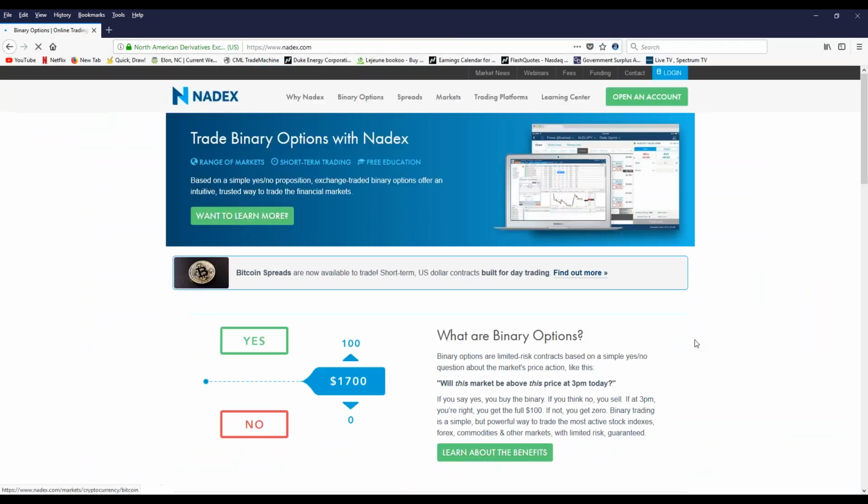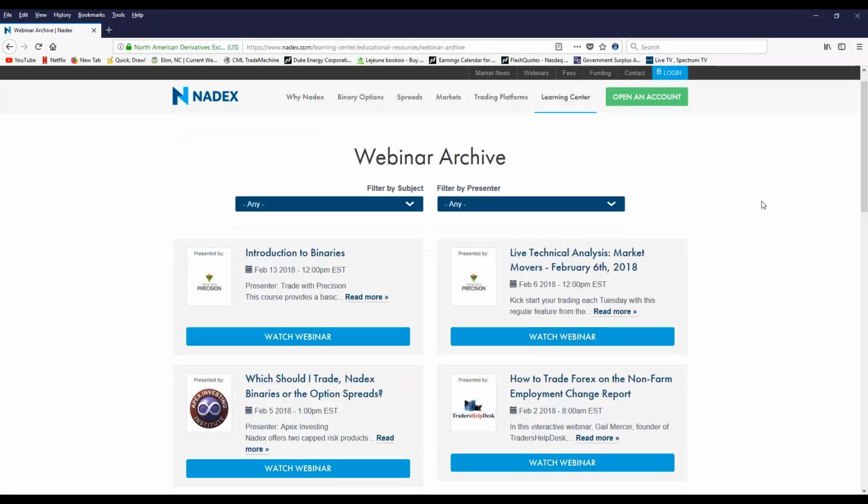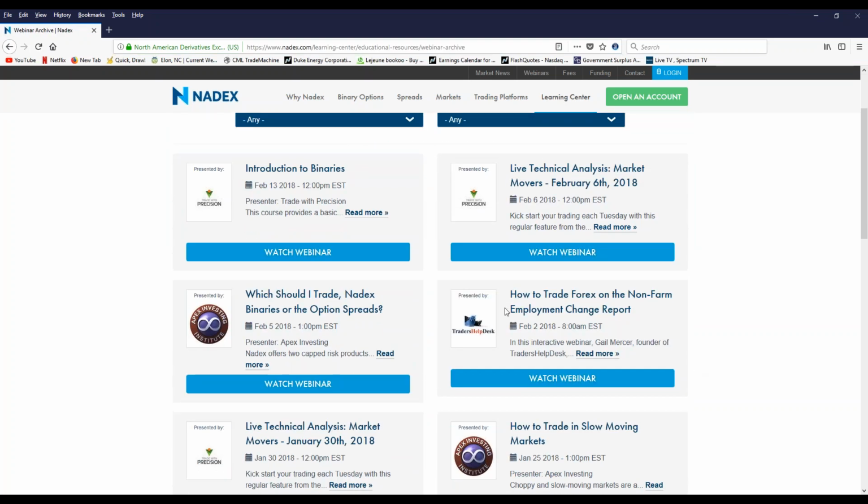This will be useful if you want to see like the non-farm employment change. If you go here to the Learning Center, mouse over the webinar archive, and then left click, you can see that last week I did how to trade Forex on the non-farm employment change report. You can watch the webinar there.